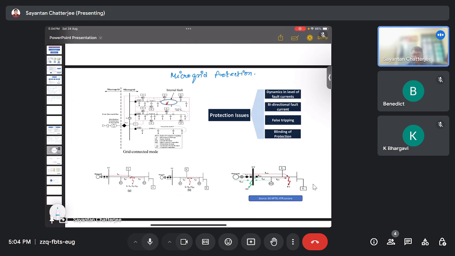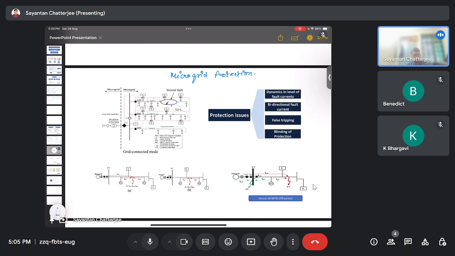Power supply was already there, but it was conventional and continuity was not there. There were frequent disruptions in the power flows, and the distribution side was mostly facing those issues. In the present day scenario, we have options where we can set up microgrids. And what are microgrids?